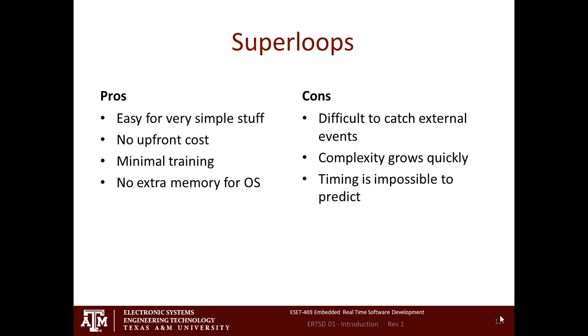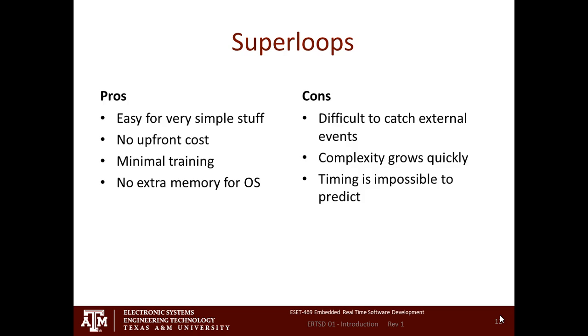So I'll give you a great example. Let's say that we have this superloop that we just talked about. Somebody is typing in commands on a keyboard. And let's say that they're typing it in at 115 kilobaud. And let's say that you are printing out these A to D values every 150 milliseconds.